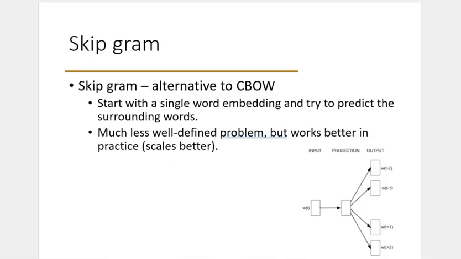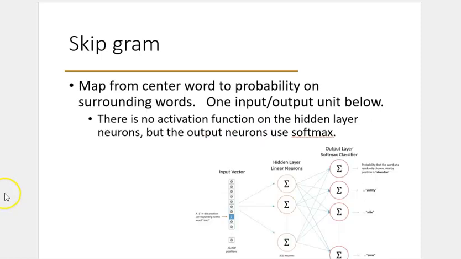Now the second approach is what's called skipgram. In this one, we start with a single word embedding and try to predict the surrounding word. This is a much less well-defined problem than word2vec that we just discussed, but it actually works better in practice. So let's see how it works. We start with a word, so again our input vector is a one hot encoded vector with just one word.